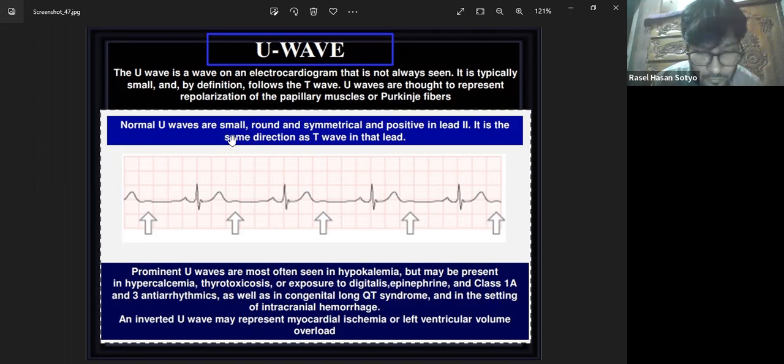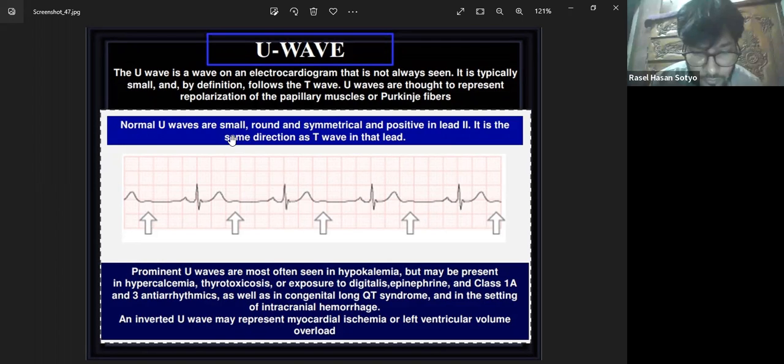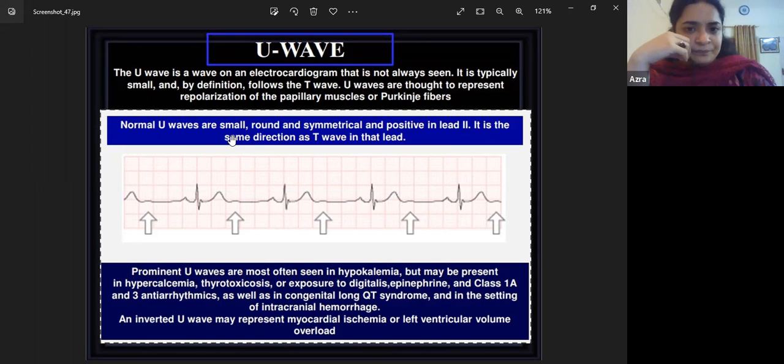U waves are small, round, and symmetrical and positive in lead 2. It is in the same direction as the T wave in that lead.